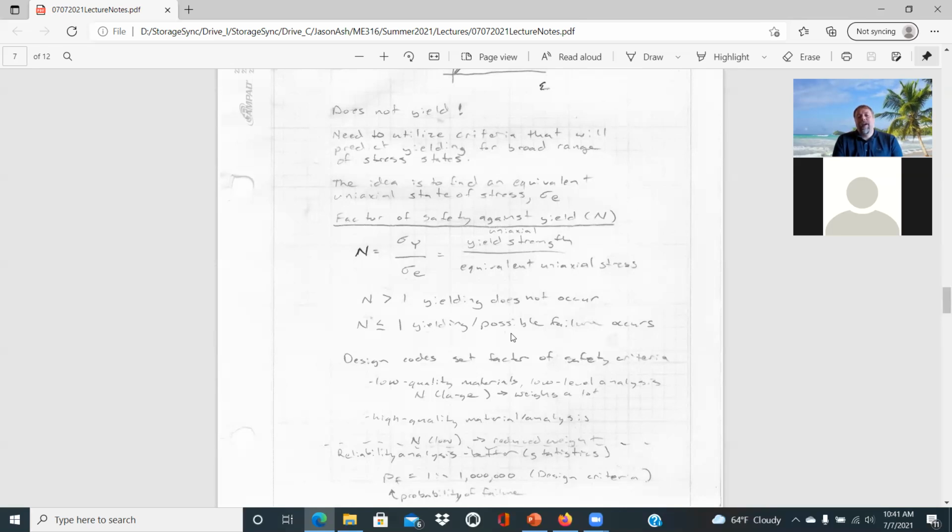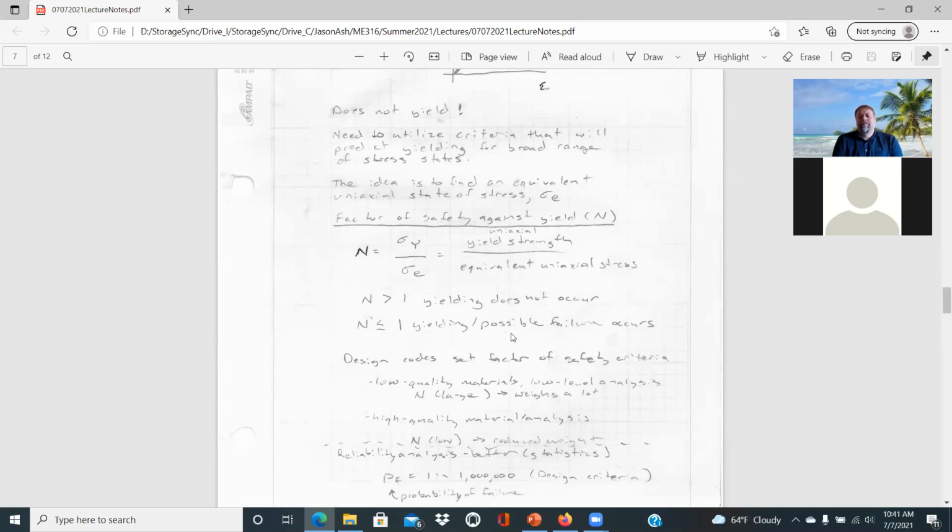The problem with that whole factor of safety concept is it really still doesn't give you a clear idea of what the chances of it failing are. You can have a factor of safety of 2, and there's still a chance of it failing.